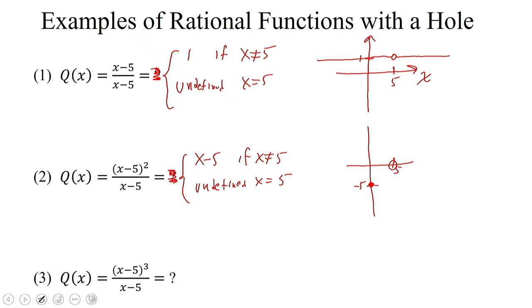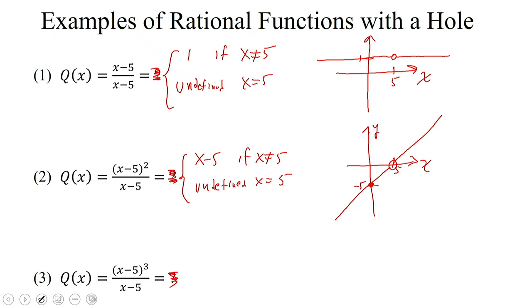Otherwise, it's the straight line with slope 45 degrees. And that would be the graph. So it's a graph that's continuous everywhere except at 5. There's a hole there.